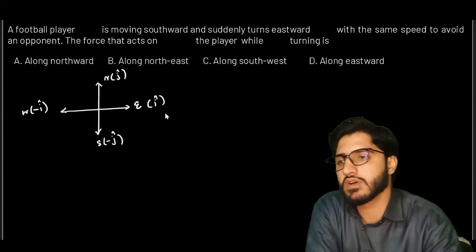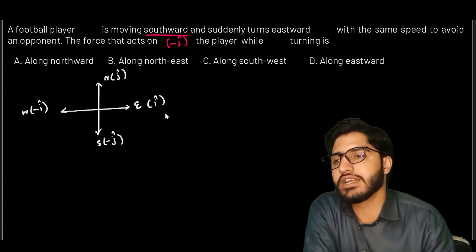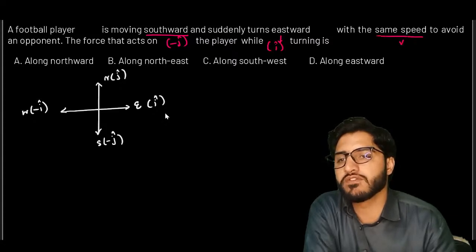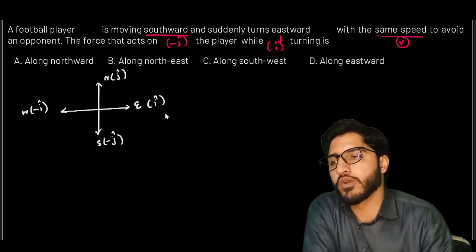So a person is going like this. A football player is moving southwards. Southwards means minus j cap. And suddenly turns eastwards. East is i cap. Speed is the same, it is v. To avoid an opponent, the force that acts on the player while turning is.